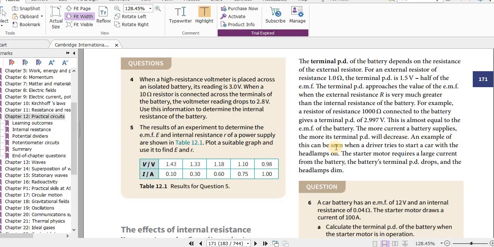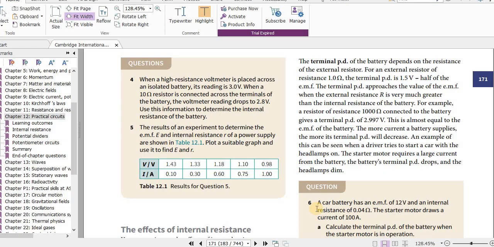An example of this can be seen when a driver tries to start a car with the headlamps on. The starter motor requires a large current from the battery. The battery's terminal potential difference drops and the headlamps dim. So you would have seen this. If you have a car with the lights on, if you start the car, the lights dim.